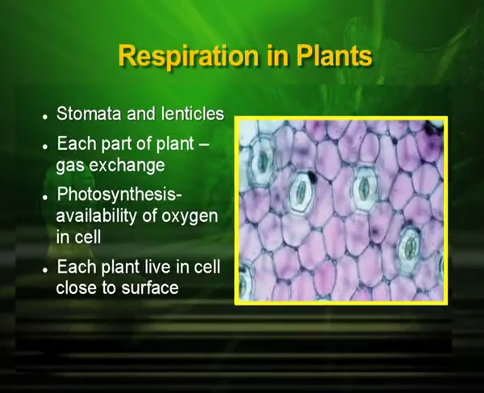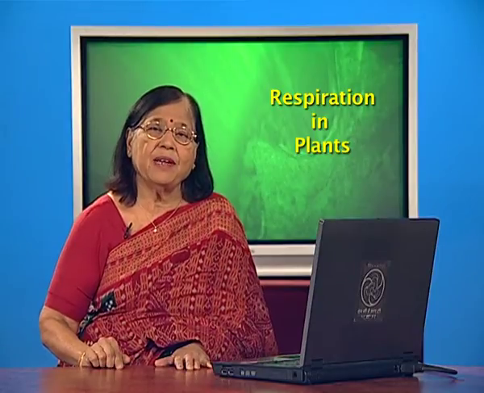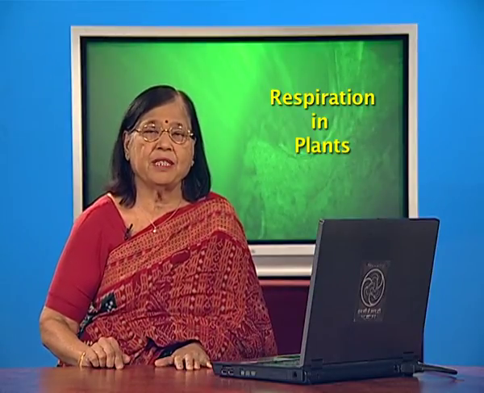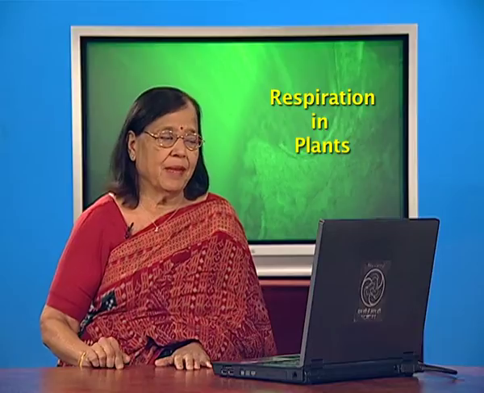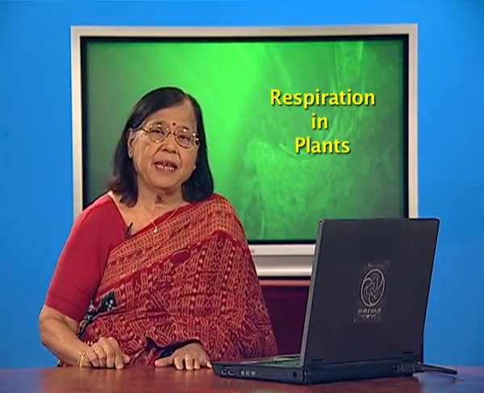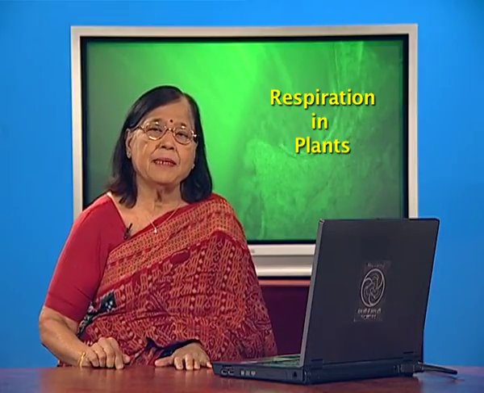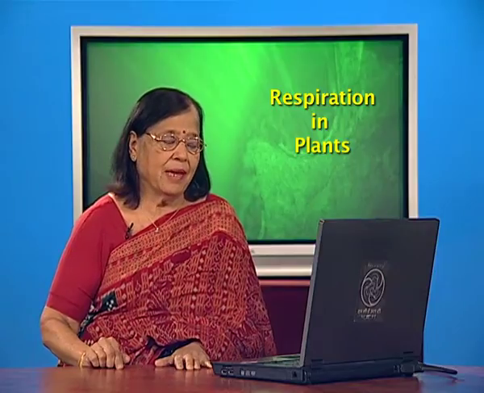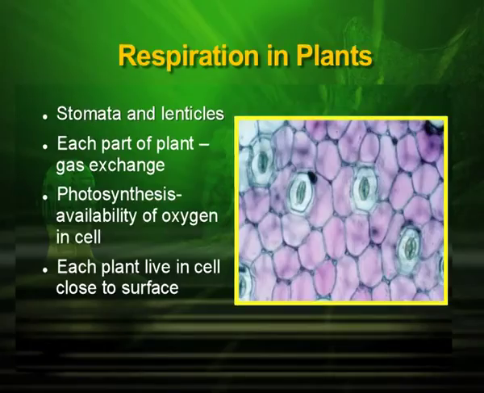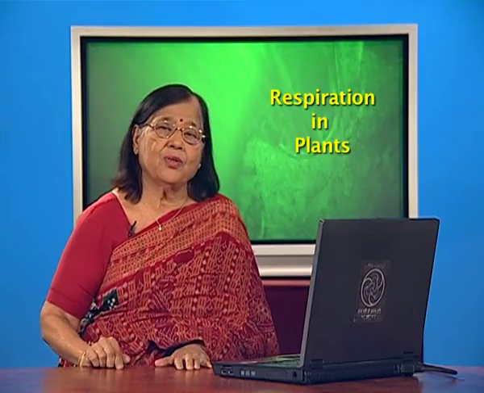When photosynthesis takes place, the oxygen is immediately released and part of it is immediately utilized in respiration during daytime. During night time, it will be taken from the surroundings bit by bit by every cell. So, each living cell in a plant is close to the surface.